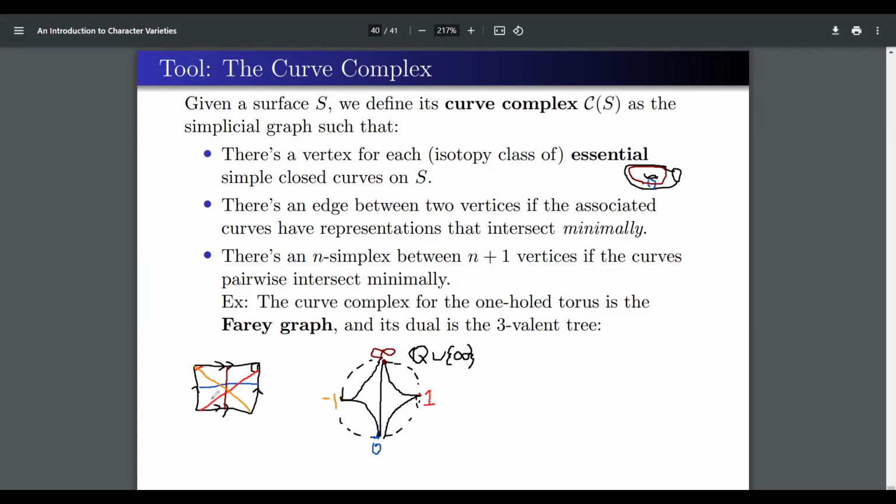Every simple closed curve on the one-hole torus is homotopic to this curve with constant slope on it. So this is a way to talk about every curve. And the way it ends up looking is you draw more edges like that, where they sort of bisect this circumference here, there.